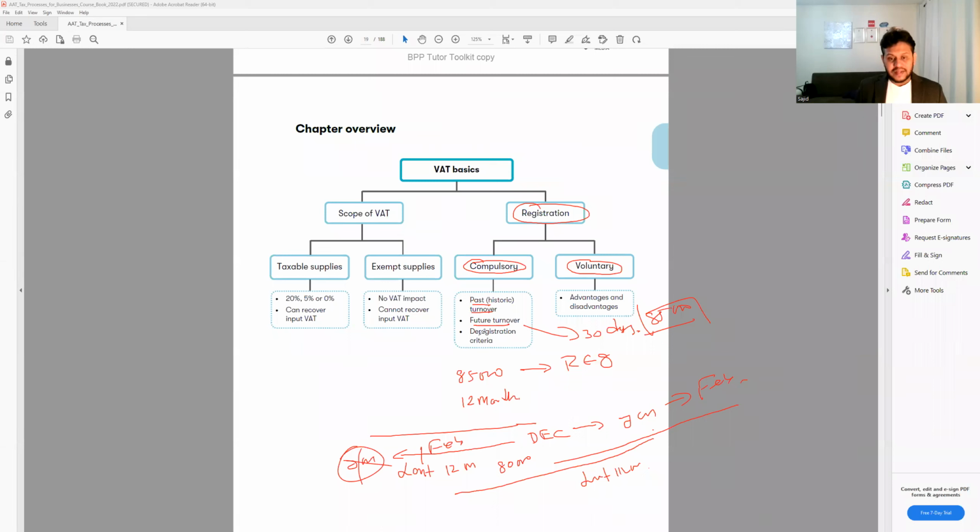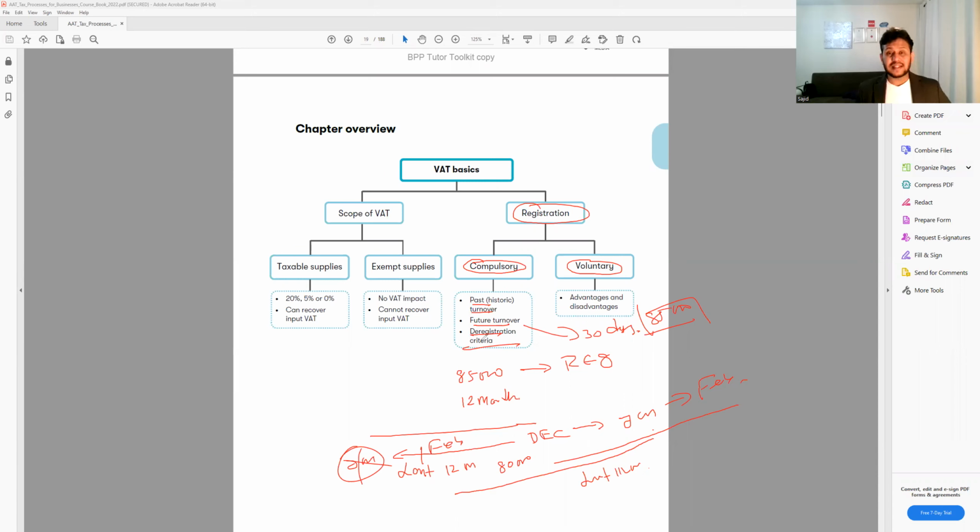All right, then we have the deregistration criteria. Deregistration is about when we have to deregister. That means before my sales were 85,000 or more, but for some reason my sales are going down.